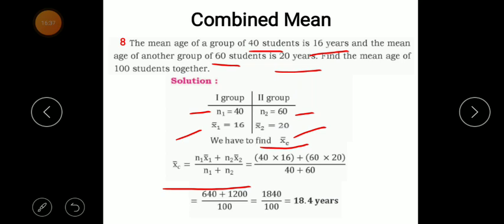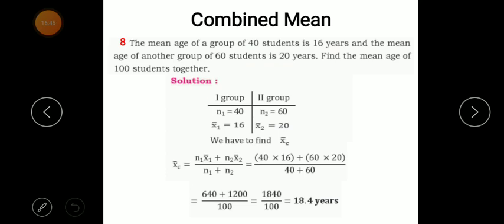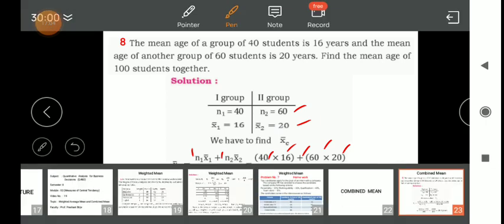So 40 into x1 bar, that is 16, plus 60 into 20, upon 40 plus 60, that is n1 plus n2.